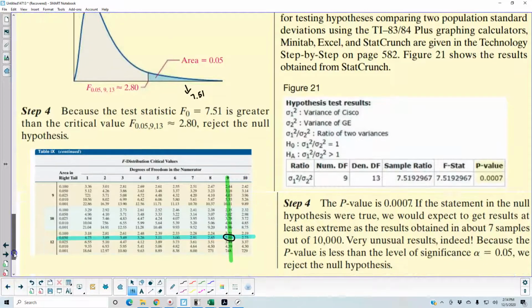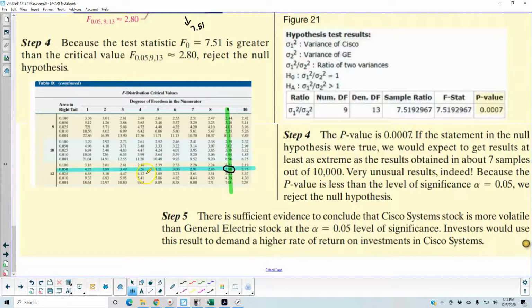And therefore, since it falls within the critical region, we're going to reject the null hypothesis. So we can say that there is sufficient evidence to conclude that Cisco Systems stock is more volatile than General Electric stock at the alpha equals 0.05 level of significance. So investors would use this result to demand a higher rate of return on investments in Cisco Systems.